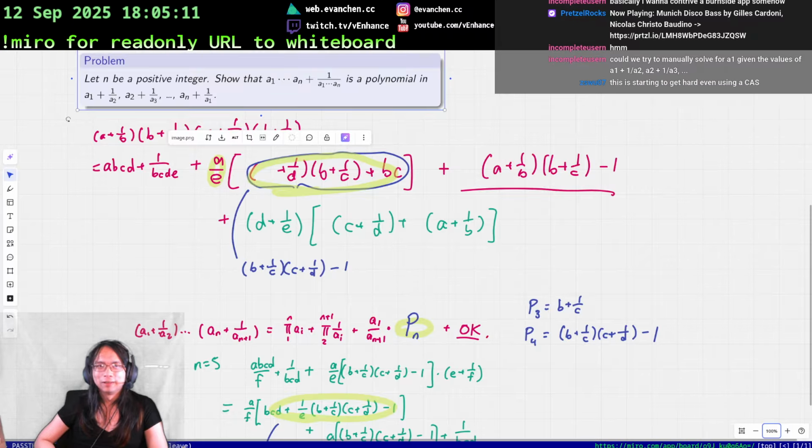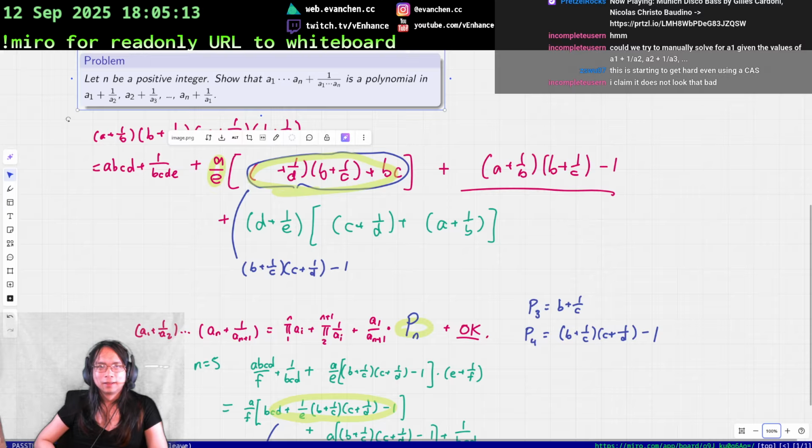Manually solve for A1. Okay, so you want to say let x1, x2, etc., and then solve for A1.